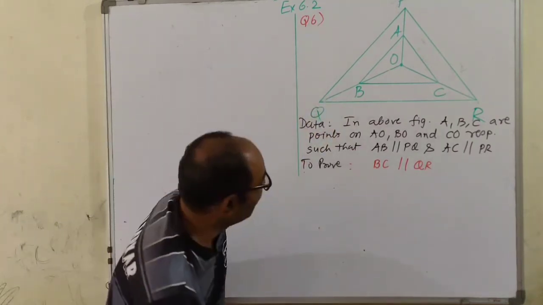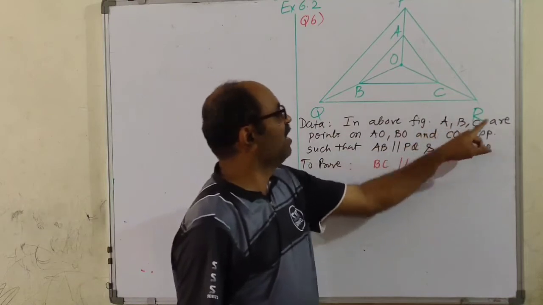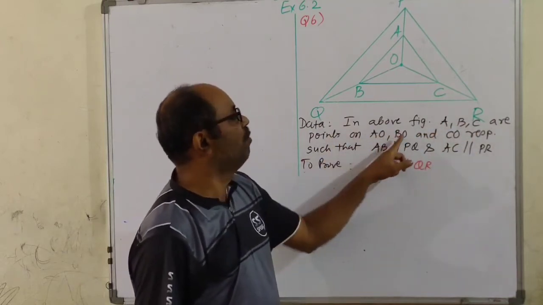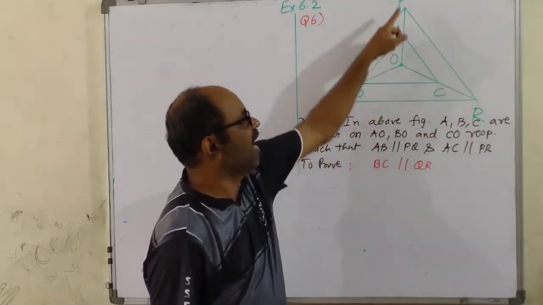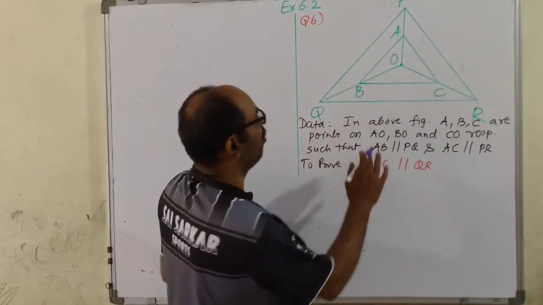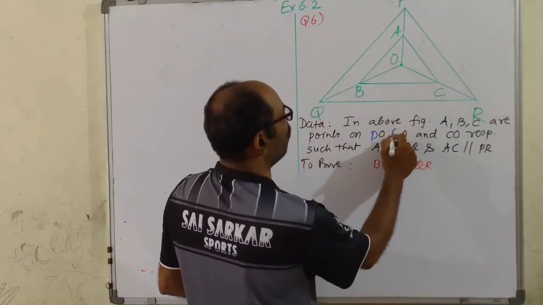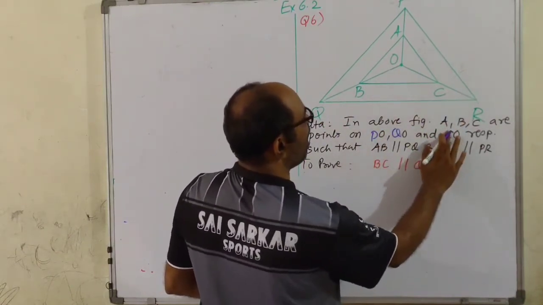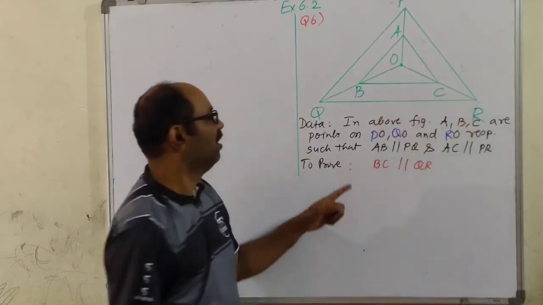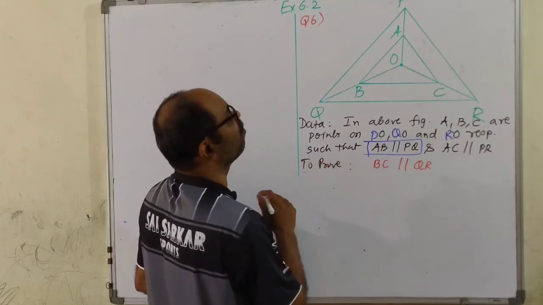Now in this figure, in the above figure, A, B, C are points on PO, QO, RO respectively. It's not AO, PO. This is QO and this is RO. Alright, respectively, such that, first thing, AB is parallel to PQ.